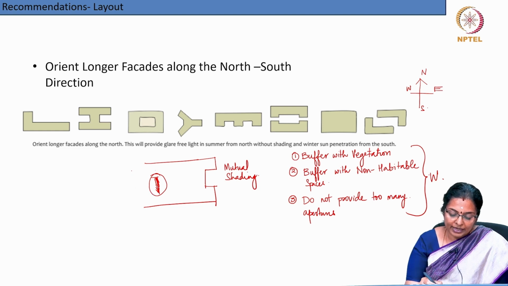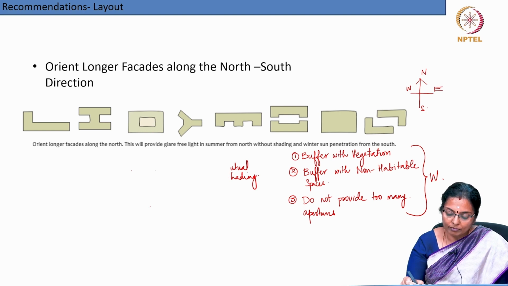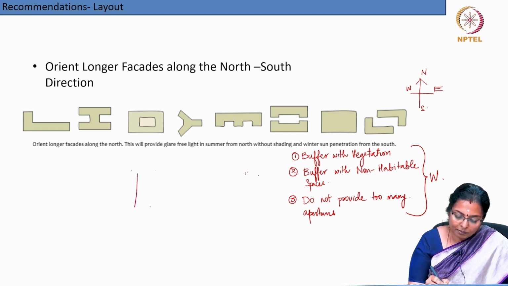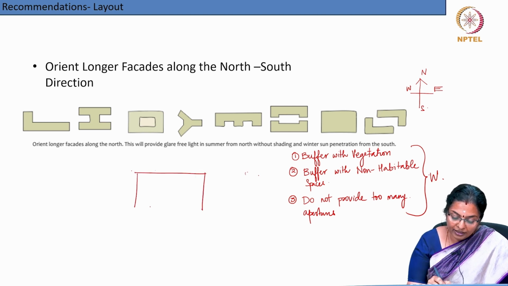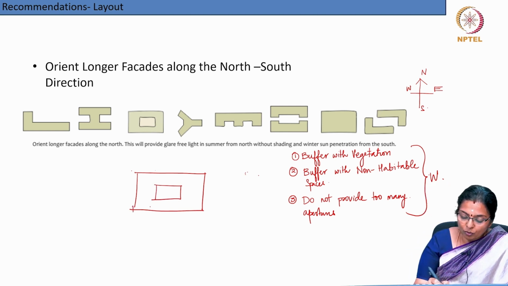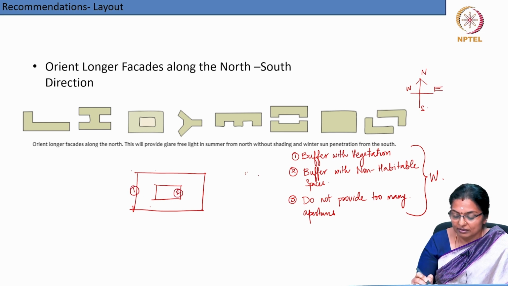Now, let us look at the next plan form. The next plan form is a courtyard type of plan. Again, in this courtyard type of plan, you have two western facades. Facade number 1 is here and facade number 2 is here.